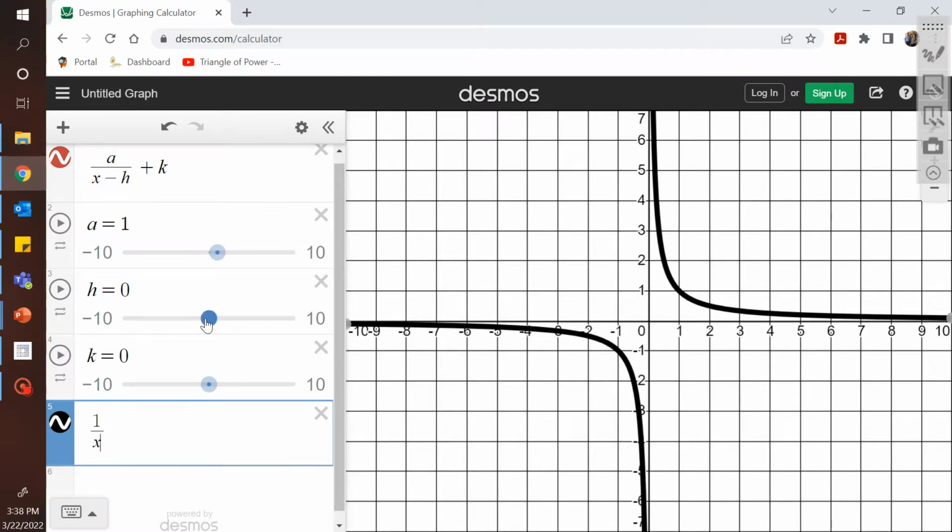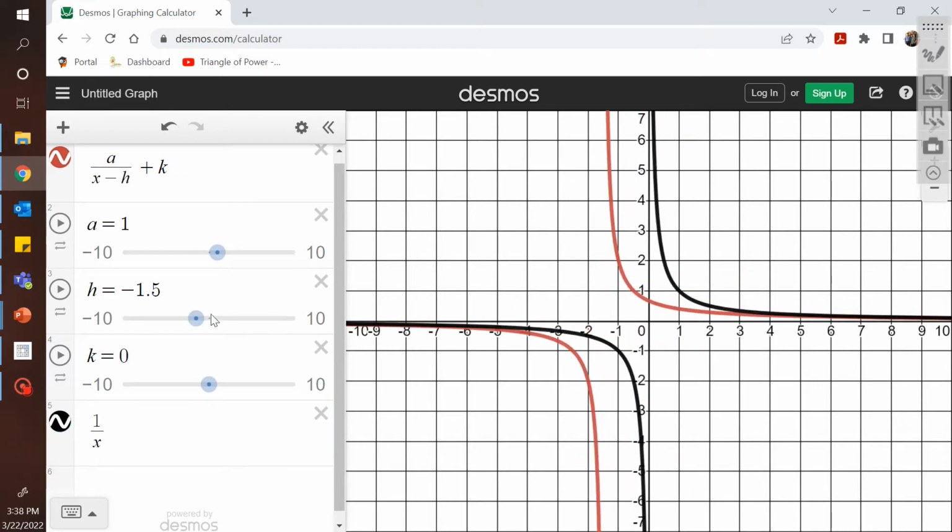Now you'll notice if I adjust the H, it just moves the graph left and right. Okay, you can see the horizontal asymptote moving with it. Or sorry, the vertical asymptote. You can see the vertical asymptote moving along with the graph.